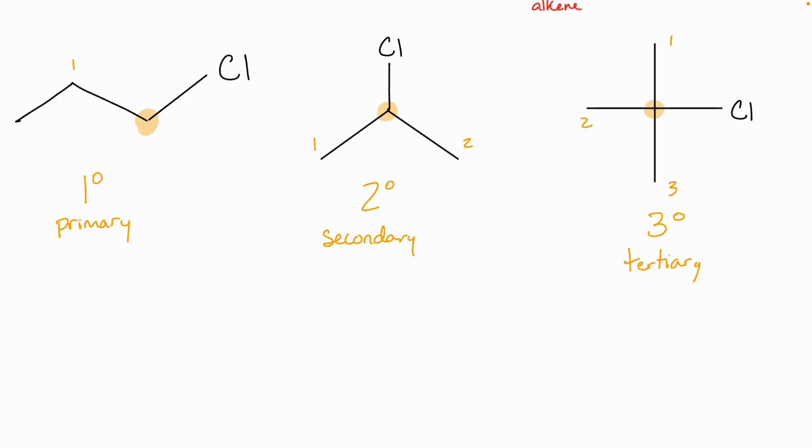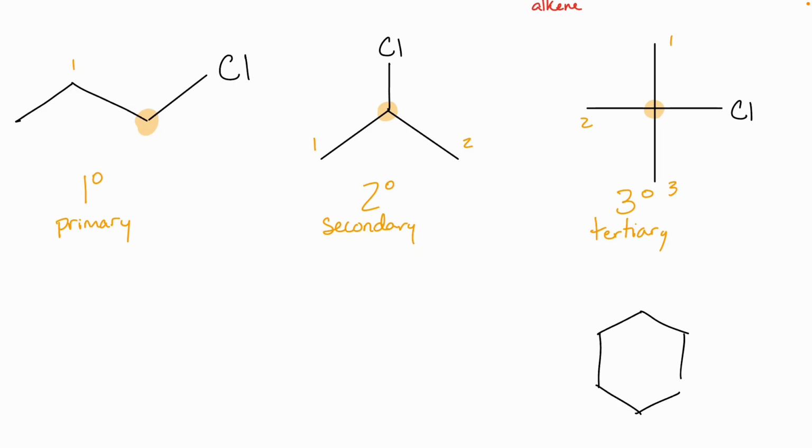All right, there's one more sort of position that we want to note here that is a little bit of an exception, and that is when you have a benzene ring. All right, and the carbon right next door.